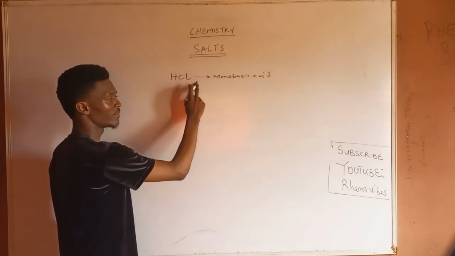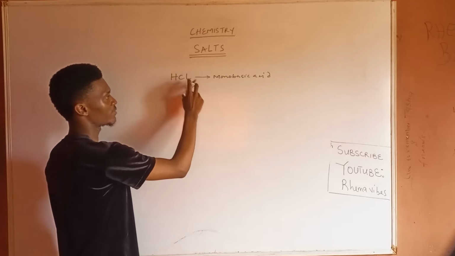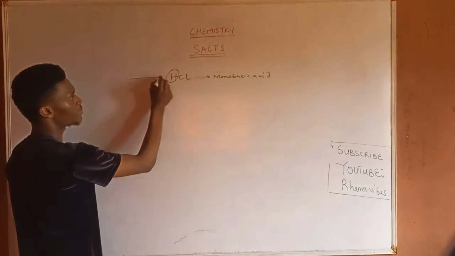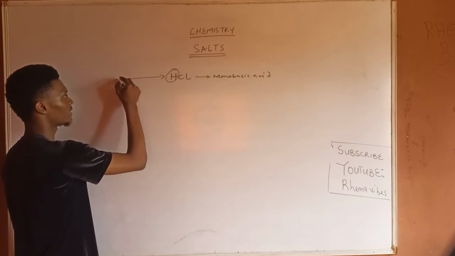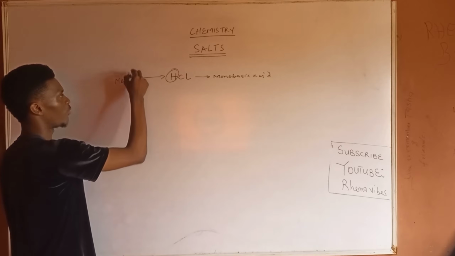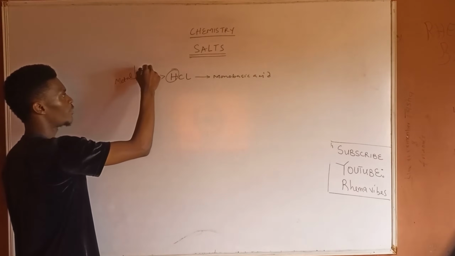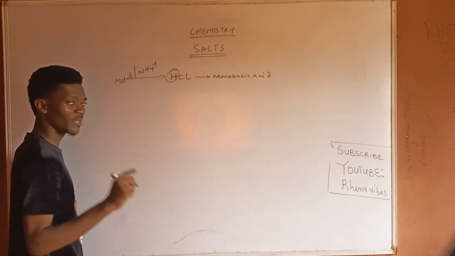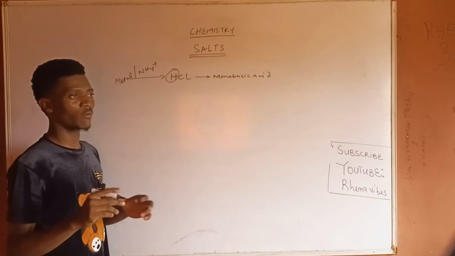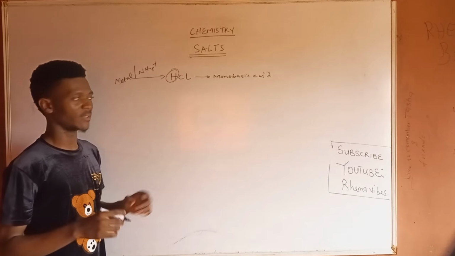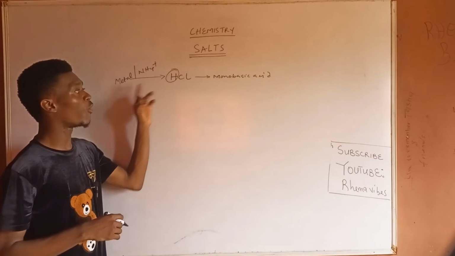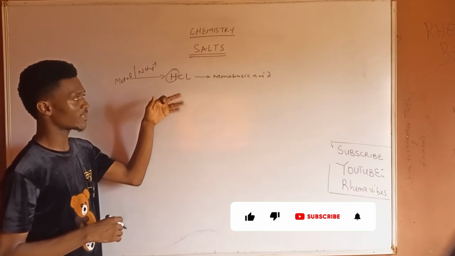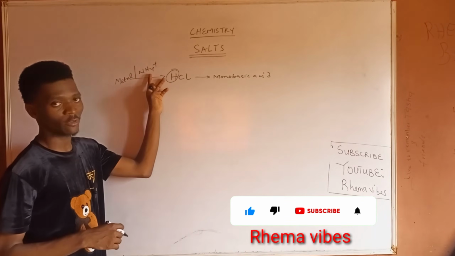So pay attention to this now. If this is an acid and the replaceable hydrogen ion happens to be one, which is this one, so if you are able to replace this H with a metal or an ammonium radical, then it means it's certainly going to form a salt, because by definition, salts are compounds formed when all or part of the replaceable hydrogen ions of an acid have been replaced by metallic ions or ammonium radical.